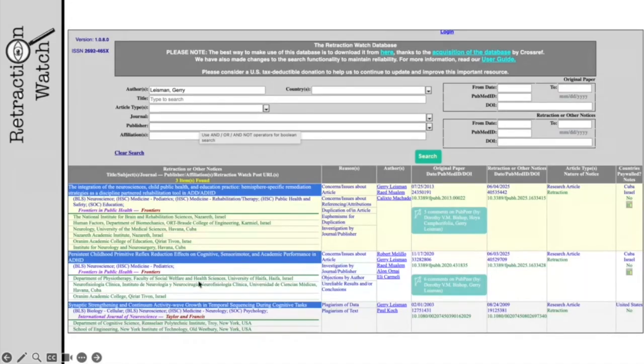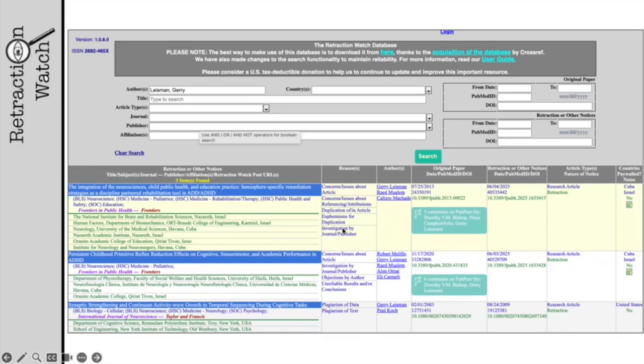So we have 2 different editors and 2 different journals: Frontiers in Public Health, Frontiers in Public Health again, and International Journal of Neuroscience. And when you look at the reasons for retraction, you can see that there were concerns about the article, duplication of article, euphemism for duplication, and investigation by journal and publisher.